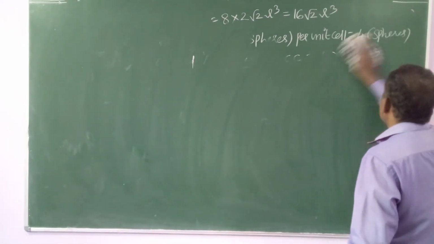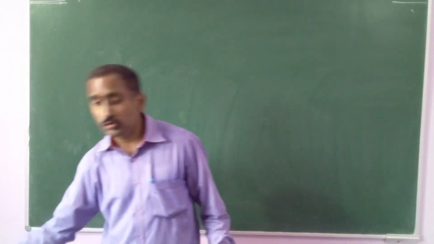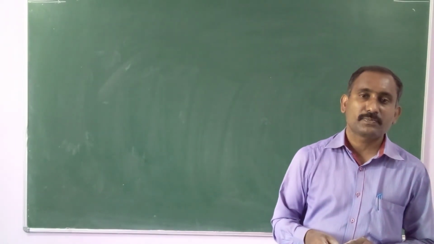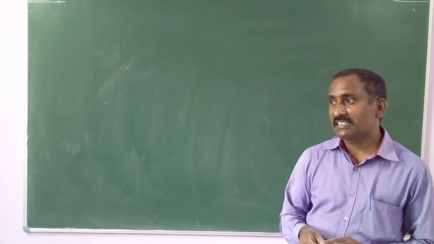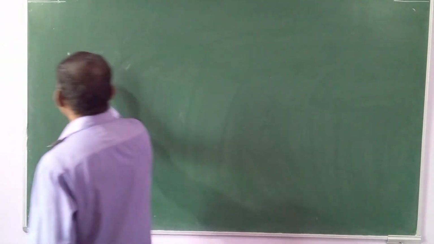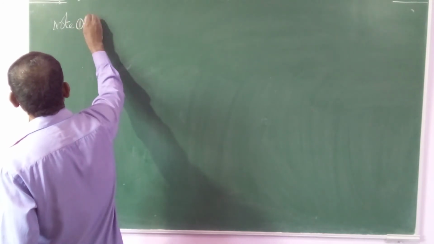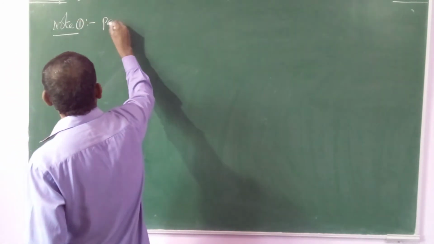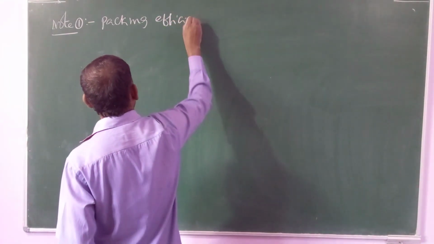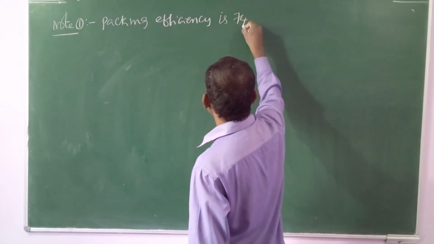So in FCC, packing efficiency 74 percentage means out of total space, only 74 percentage space is occupied by the spheres. Remaining 26 percentage is empty space, nothing but voids. So this is about packing efficiency. Here a small note you should remember. Note 1. For FCC, packing efficiency is 74 percentage.